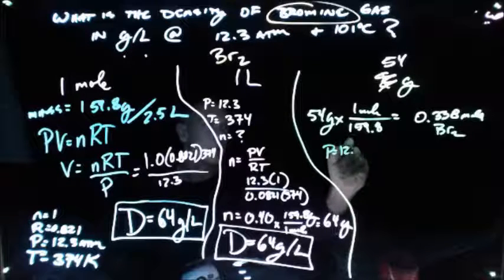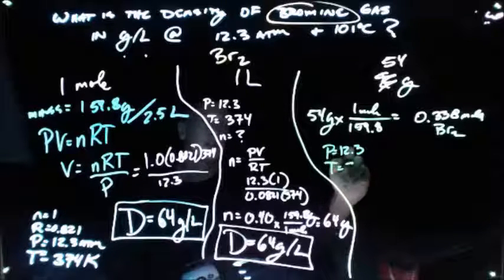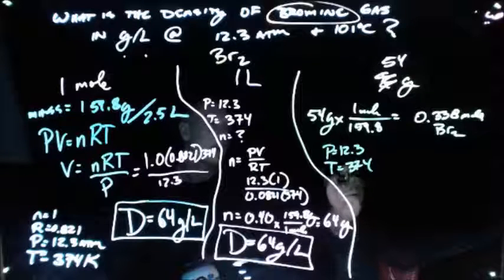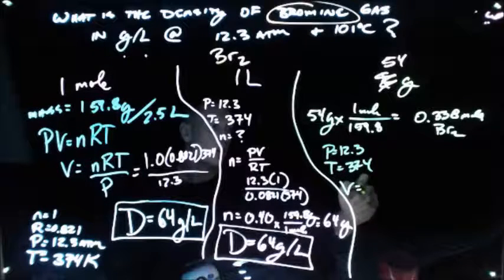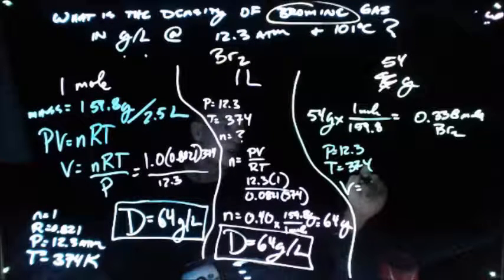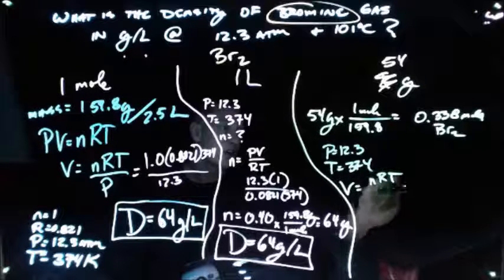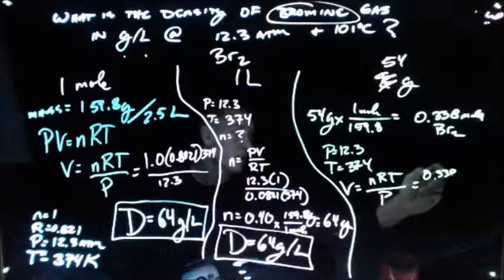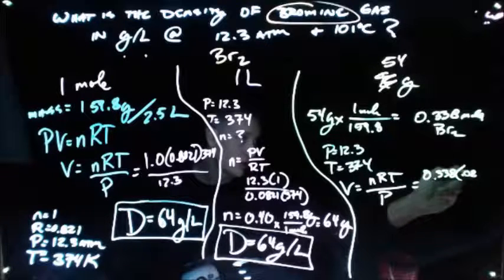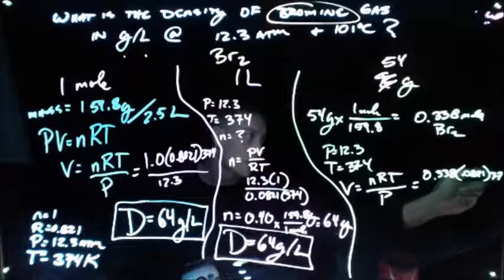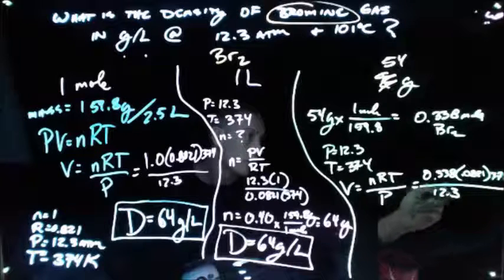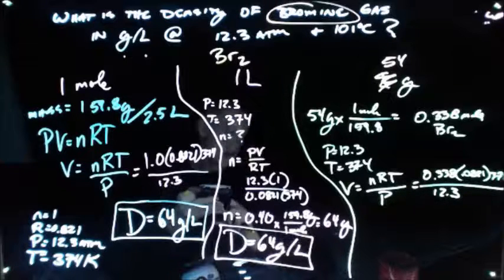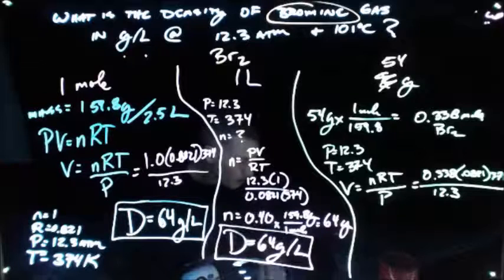Pressure is still 12.3. Temperature is still 374. And we are going to solve for volume here. So volume is going to equal nRT over P, which is 0.338 times 0.0821 times 374 over 12.3.